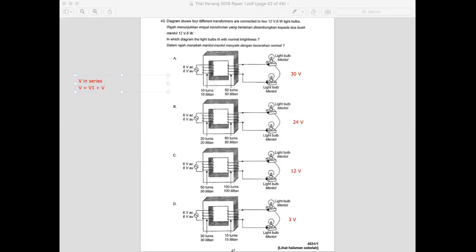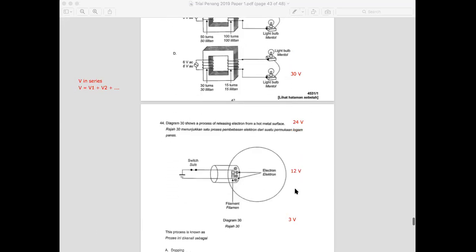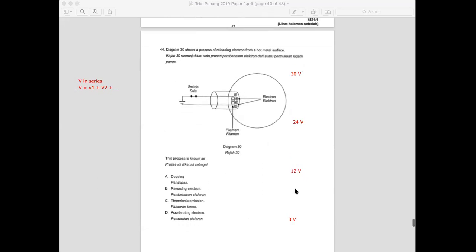So the answer is B. Remember, for current it's opposite: in series it's constant, in parallel you add. For voltage, in series you add, in parallel it's the same. For resistance, in series you add R, in parallel it becomes 1/R plus 1/R plus 1/R.